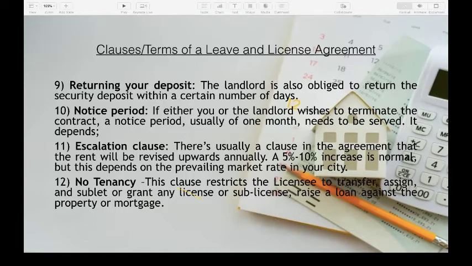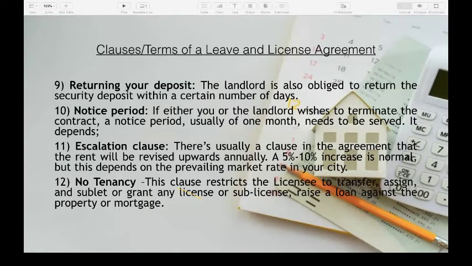Now, no tenancy. This clause is very important because it restricts the licensee from transferring or assigning or subletting or granting any license or sub-license to another party. For example, if A has given licensed premises to B, can B sublet the premises to C?